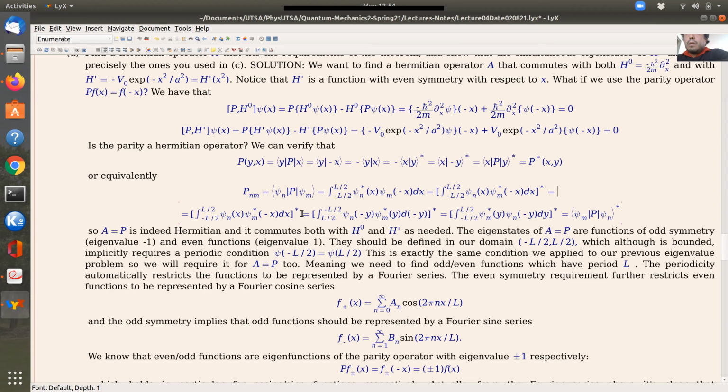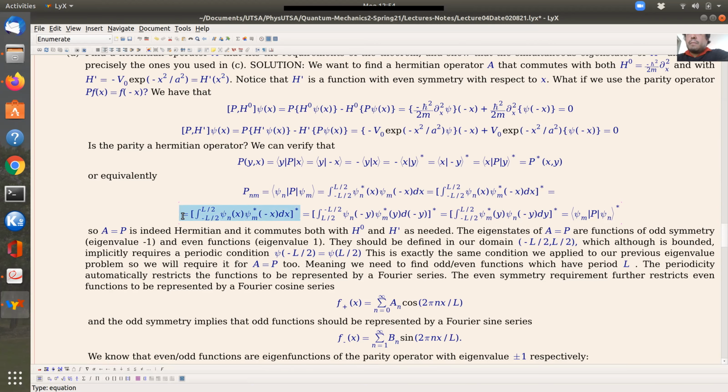Sometimes I copy paste things and they appear 3 times. So what I did over here is, okay, so far so good. We did a change of variables, passing from this side to this side, where basically I define a variable y, which is minus x. So that's why I have basically x minus y, and then minus x is equal to y.